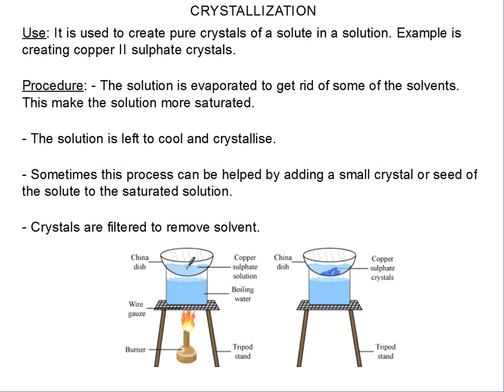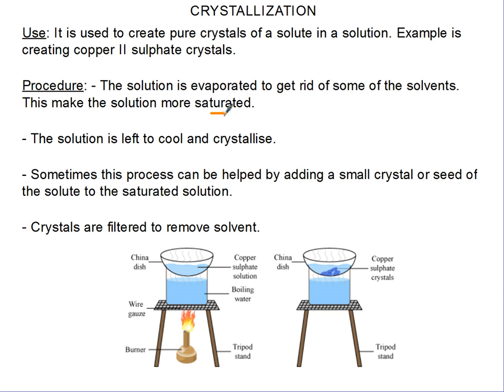we evaporate the solution to get rid of some of the solvent, and this makes the solution more saturated. A saturated solution is a solution that has more solute than can dissolve. When you put salt in water, the salt dissolves.